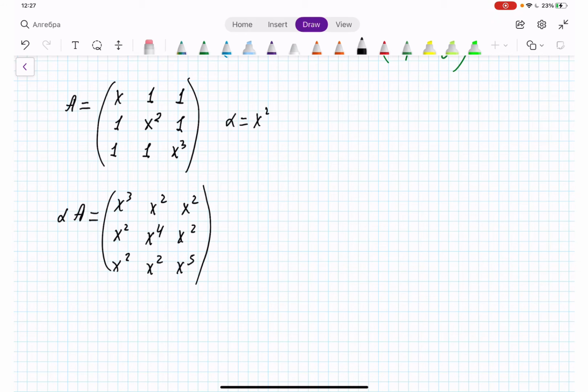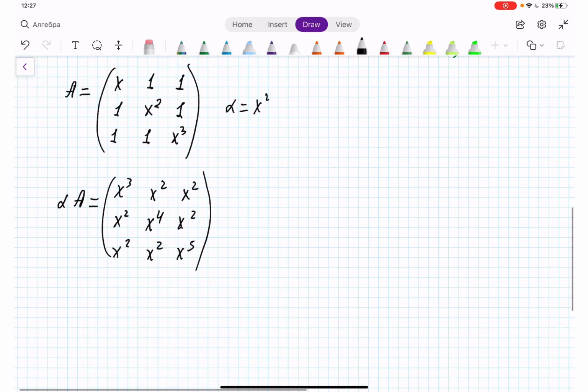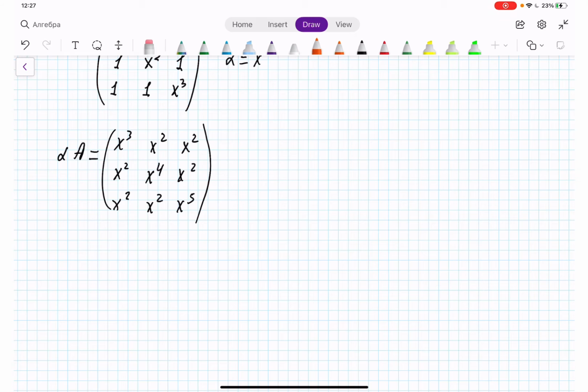So now let's move to addition and subtraction. Addition and subtraction is very easy. Let me write it down. Addition, subtraction.